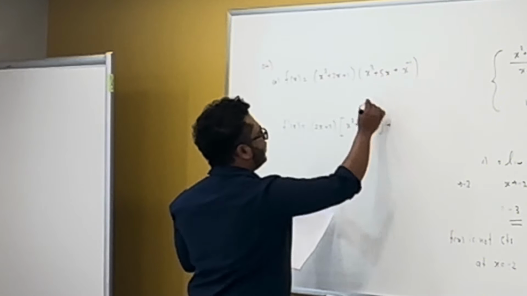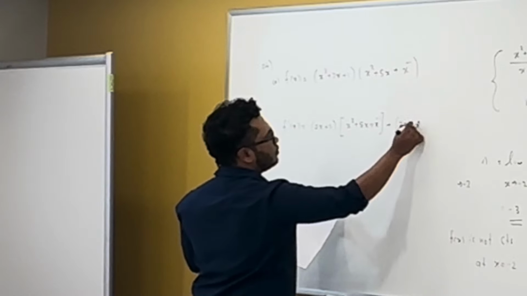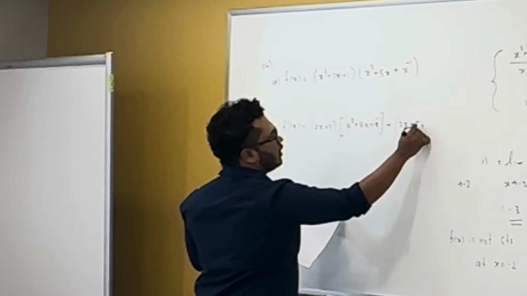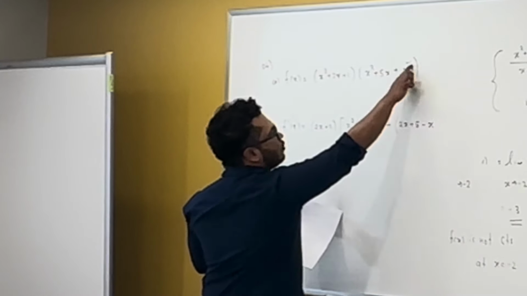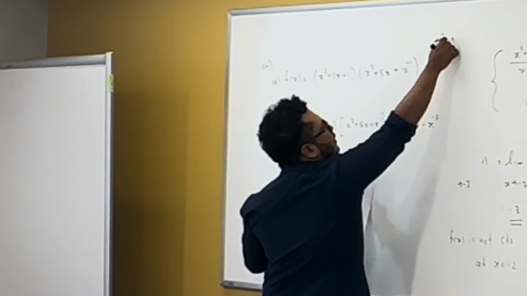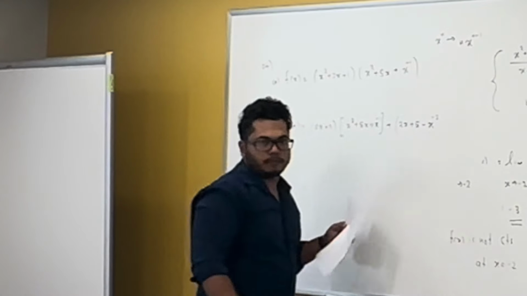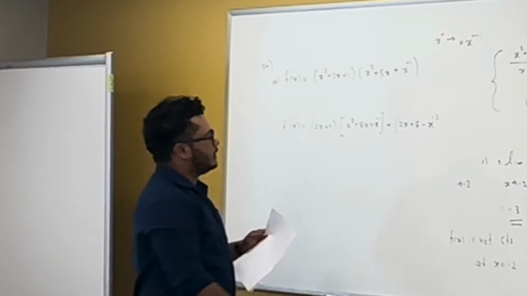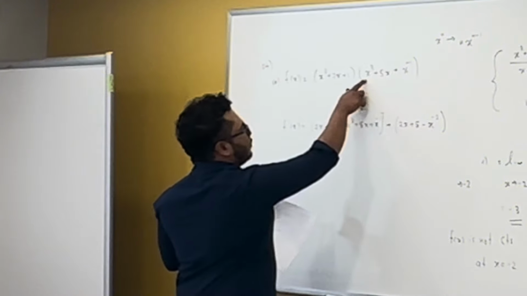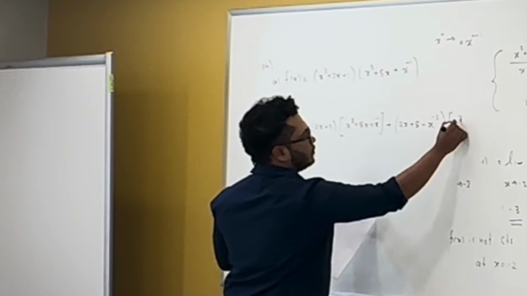I'm going to take the derivative of this: 2x, 5, and minus 1 comes down and subtract 1 from the power. Remember, if you have x to the power n, the derivative is n x to the n minus 1. I take the derivative of the second factor and keep the other one as it is.